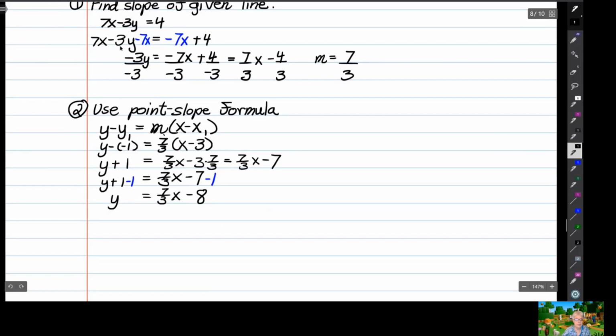I solve for the -3y term first by subtracting 7x from both sides of the equation. That leaves me with -3y equals -7x plus 4.